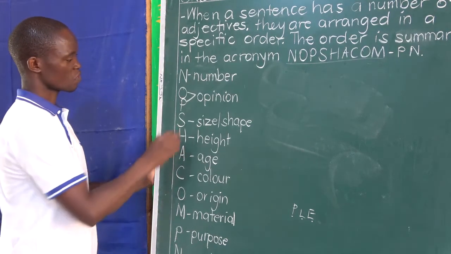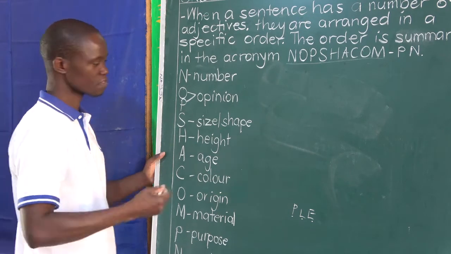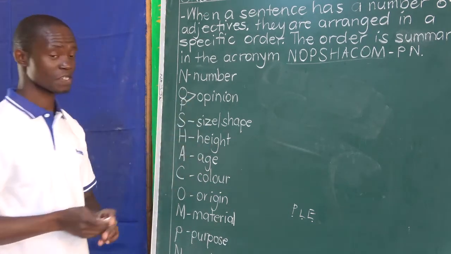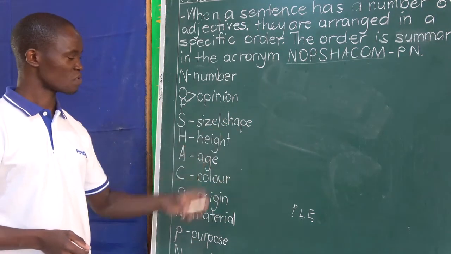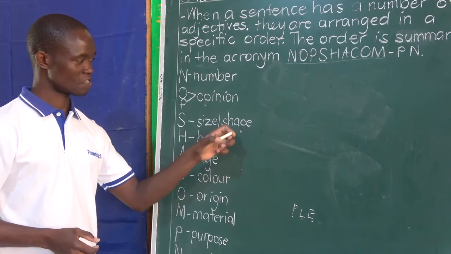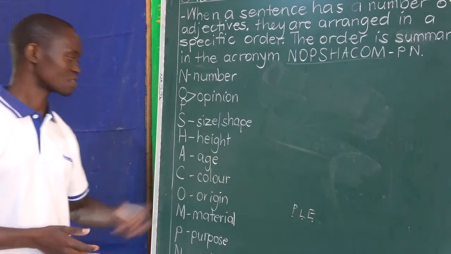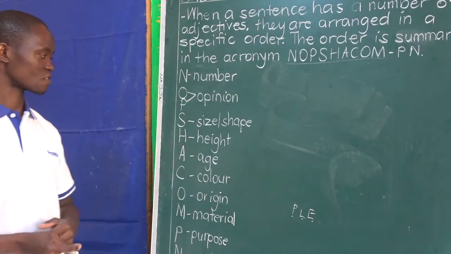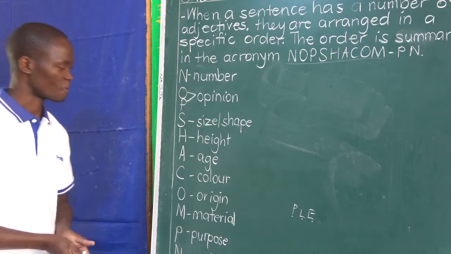So we have S, which stands for adjectives of size. We have different adjectives of size. Then we have adjectives of shape. If you don't see the size, you must see the shape. If you don't see both of them, then you get the next one, which is age. Examples later, details later.